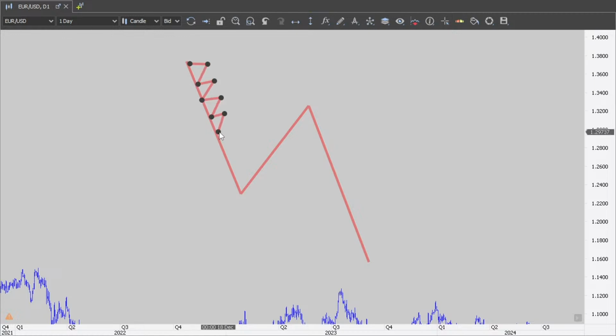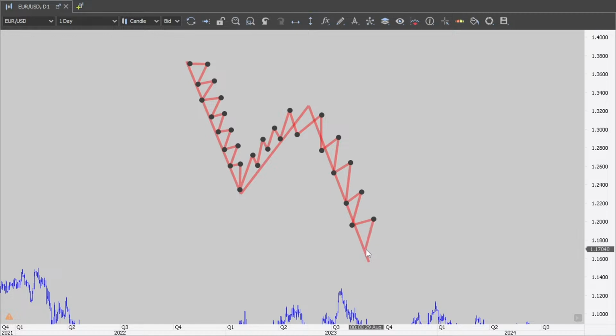So it's going to make lower lows, lower highs, lower lows, lower highs. Then it's going to stop making lower lows, lower highs. It's going to make higher highs, higher lows, higher highs, higher lows. This is the retracement, and then it's going to start to make lower lows, lower highs again. So it's going to push down in a downtrend. All right, everybody?